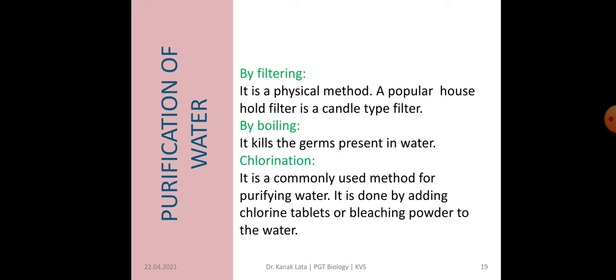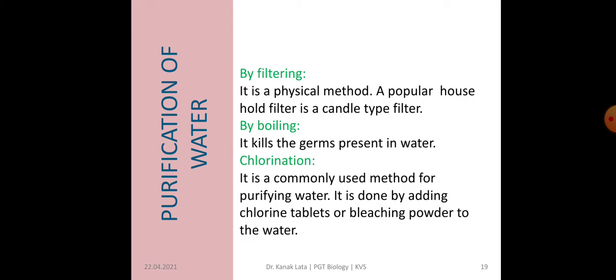Now let us see how water purification is done. There are different methods by which we can purify the water. First is filtering. Filtering is a physical method. A proper household filter is a candle type filter.